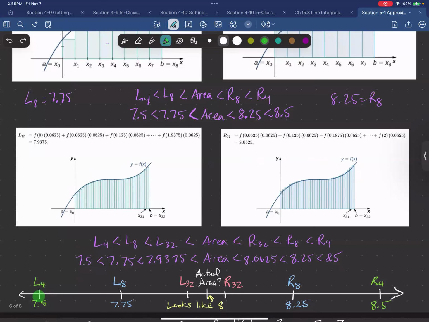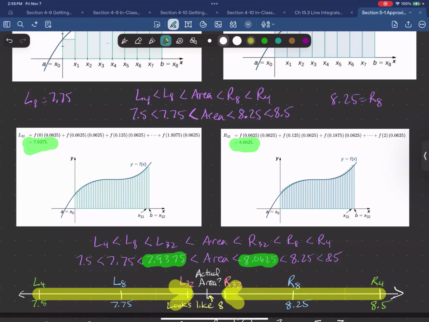I actually did it on a number line. So 7.5 is way over here. L8 got us here. L32 was 7.9375. R32 was 8.0625. When you multiply and add this all up, it looks like the bigger n gets, the more we're squeezing in on what the actual area is.